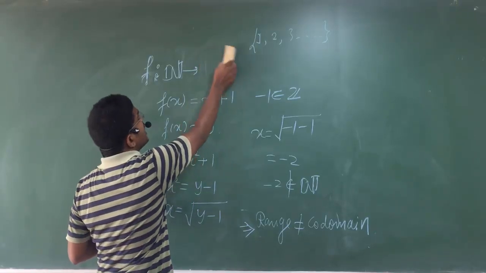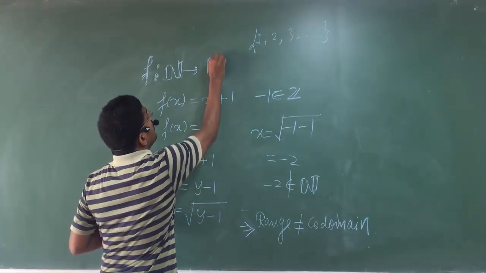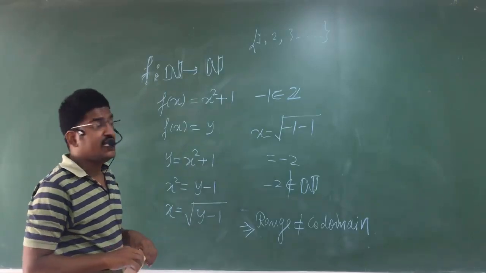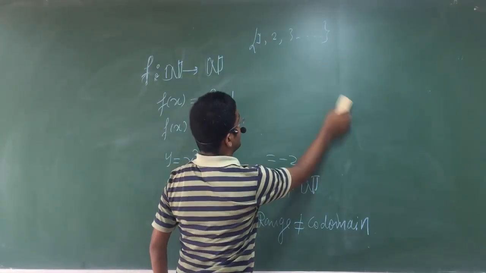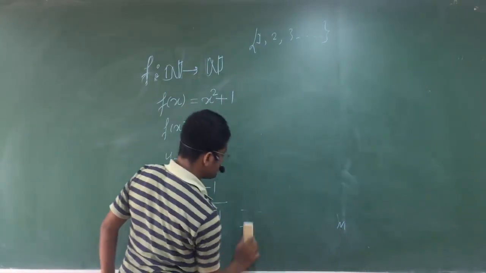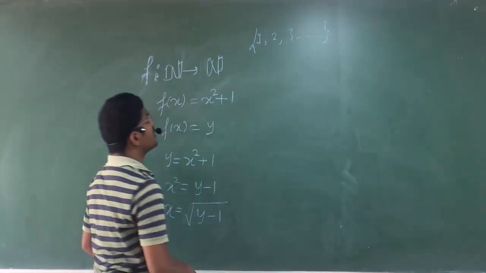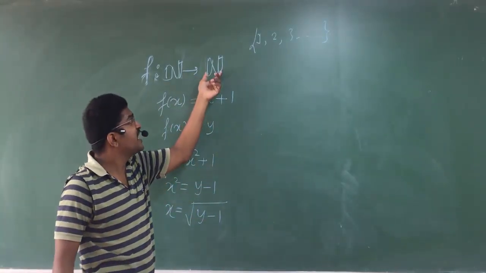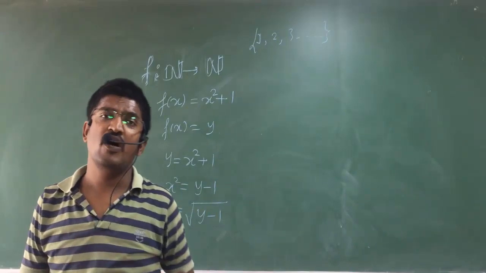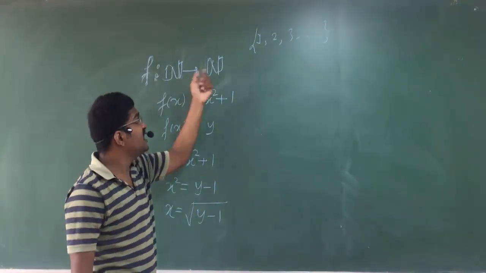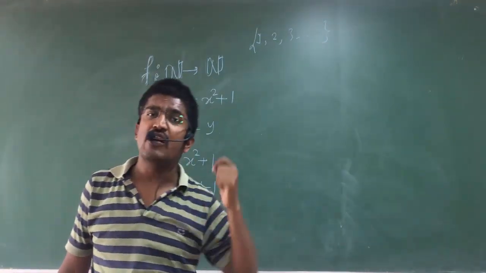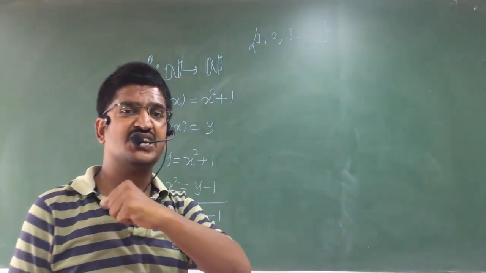I will change it to N. Now let us see what will happen. Let us check what will happen if I take N here. If I take N here, is it going to be onto or not? Let us check.